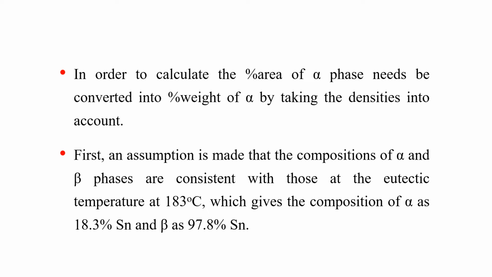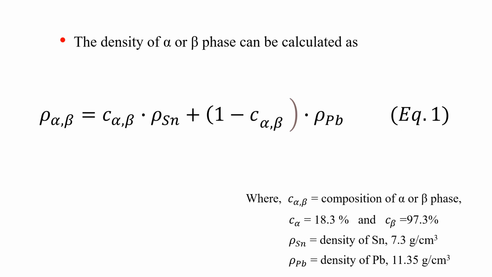First, an assumption is made that the compositions of alpha and beta phases are consistent with those at the eutectic temperature of 183 Celsius, which gives the composition of alpha as 18.3% of Sn and beta as 97.8% of Sn. With the information that we have mentioned, we can calculate the density of alpha or beta phase.